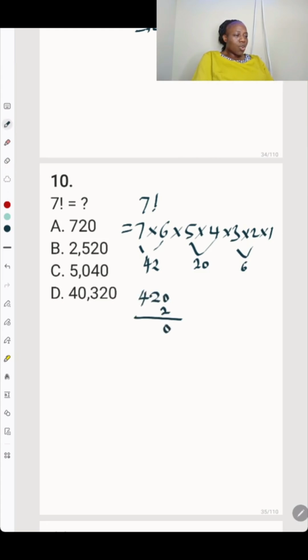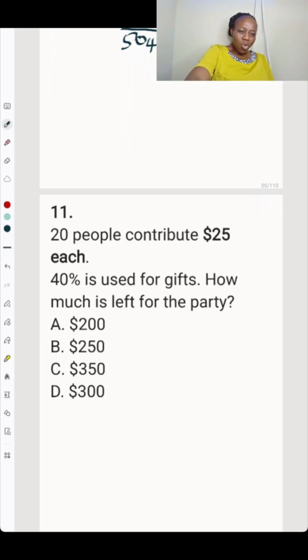So 0, 4, 8. Then we have done these 2. Let's now multiply by 6. That's going to be 0. This is 4. This is 24. Let's give 2. 6 times 8, 48. That will be plus 2. That will be 50. So 5,040. And that's C.